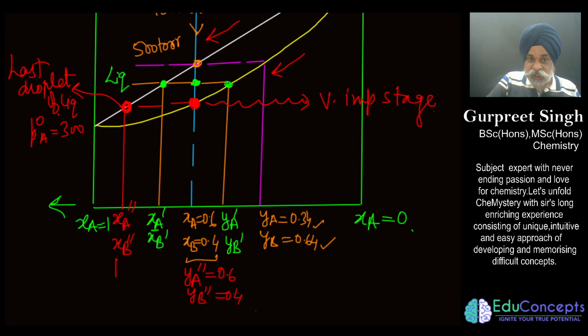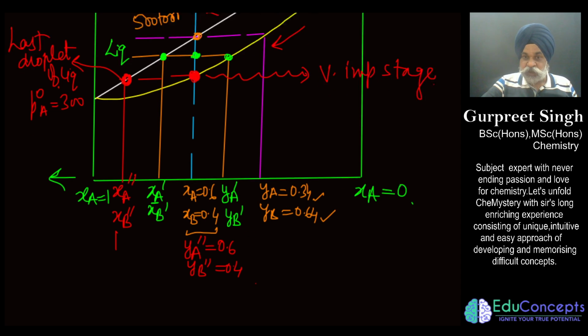Now, when the last droplet came, the vapor phase composition corresponding to the last droplet has become totally equal to the composition of mole fractions of A and B in the liquid state when we started at 760 torr. This is what you are supposed to see.